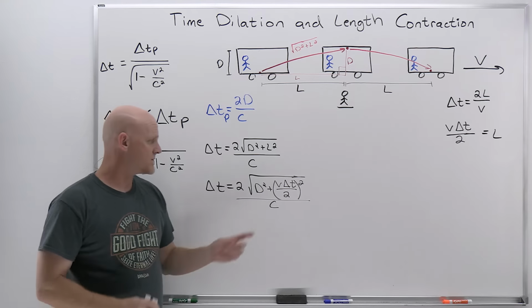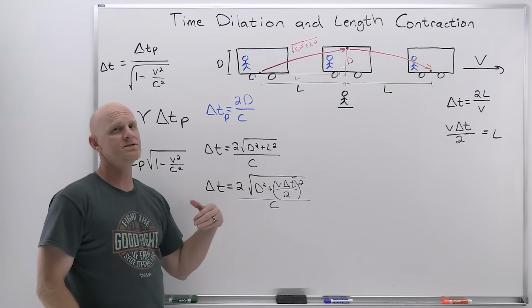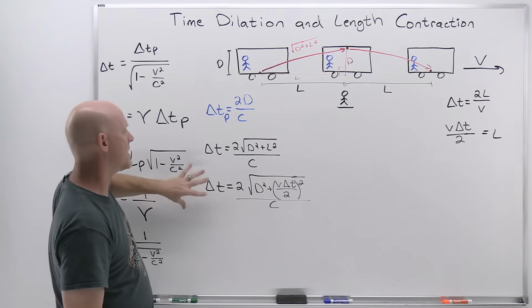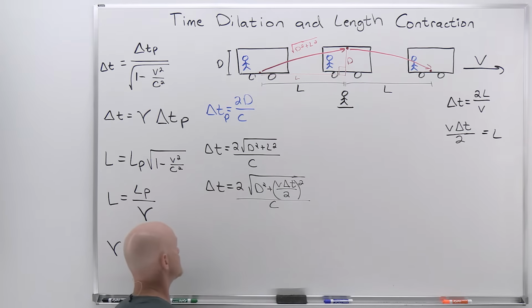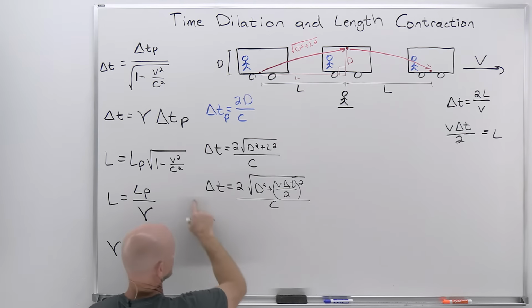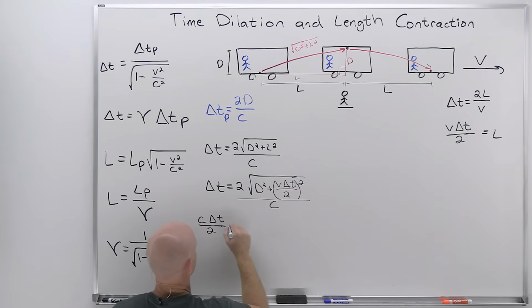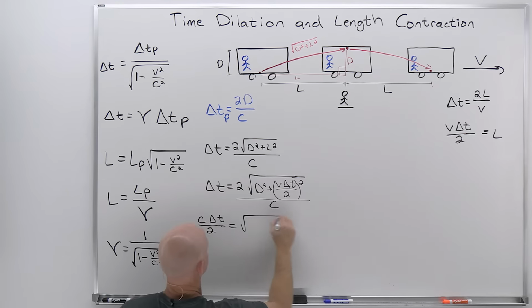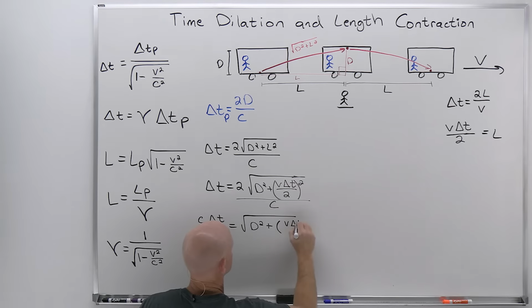So what we now want to do is get rid of this square root right here. And to do that, we've got to get everything else on the other side of the equation. And so in this case, we'll multiply it by C and then divide by 2. And we're going to get C delta T over 2 equal to the square root of D squared plus V delta T over 2 quantity squared.